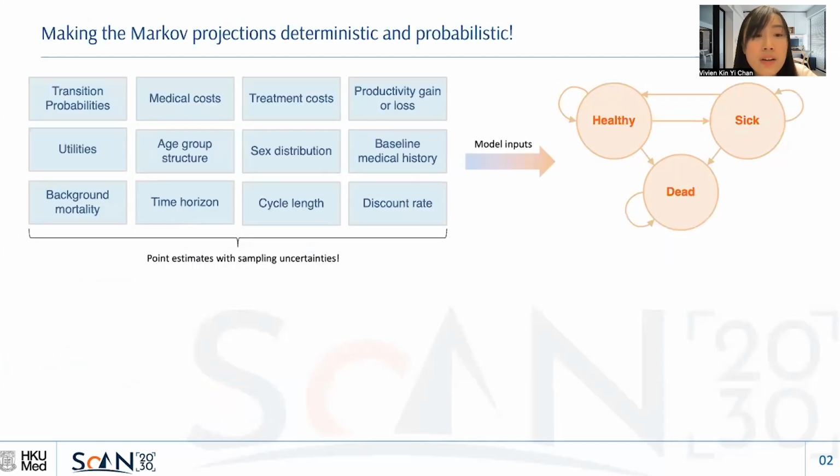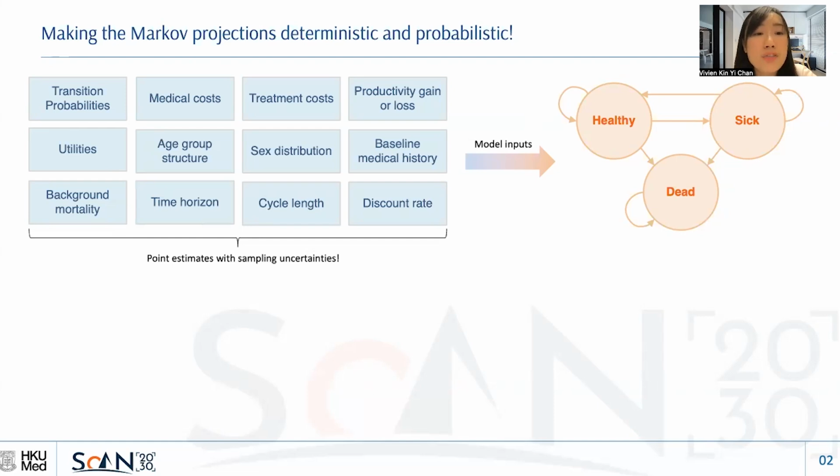Now, as you may be aware, the model input parameters such as probabilities, cost, utilities, and even the demographic characteristics, and model structure such as time horizon, cycle length, and discount rates, are entirely selected by us, the modelers. And more importantly, these are only point estimates reported by literature with sampling uncertainties as well.